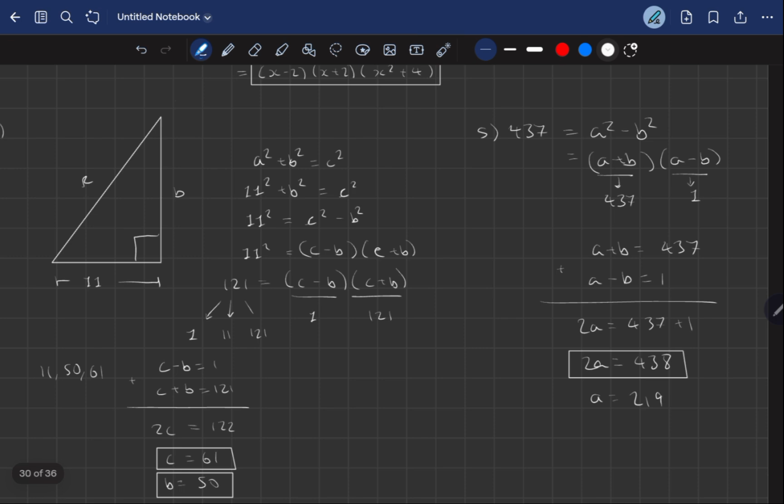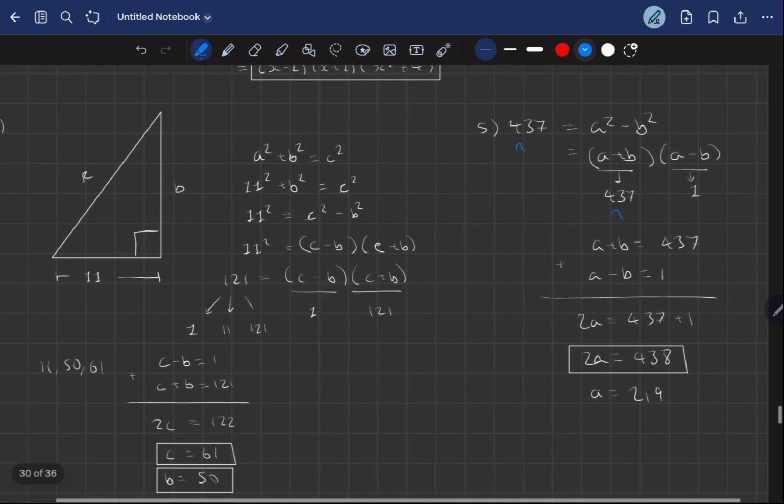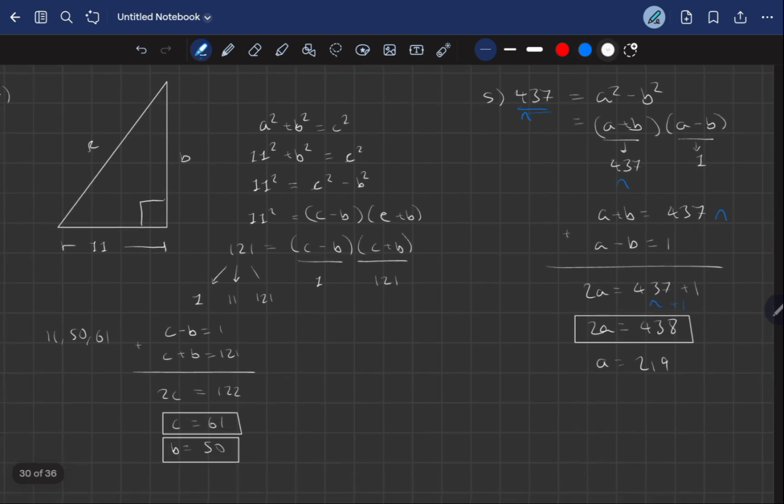Now, to generalize, let's write this as n. a minus b is going to be 1 and a plus b is going to be n. I'm going to sum it up, so 2a is n plus 1. In order for n plus 1 to be even, we need n to be odd, and in this case, it is. So a is going to be 219, and b is going to be 218.